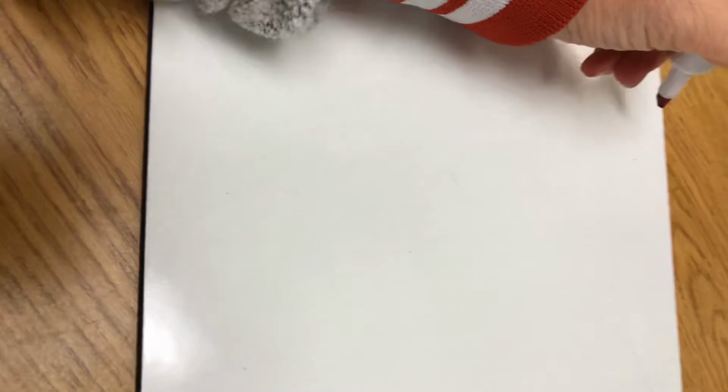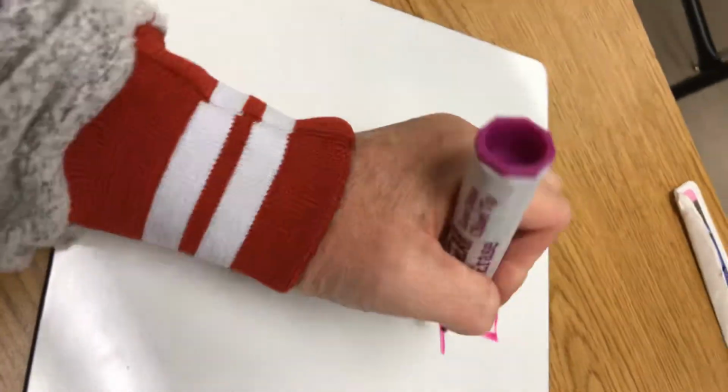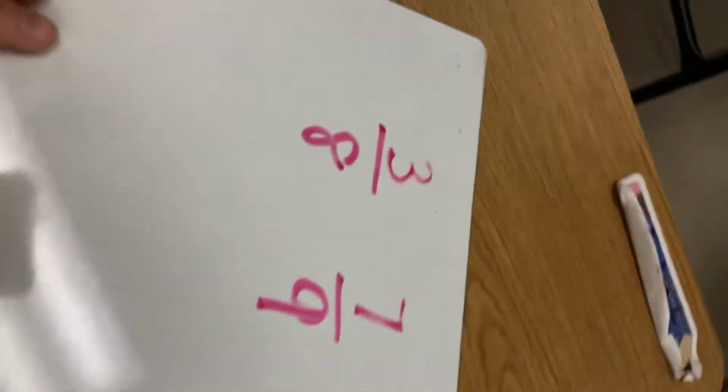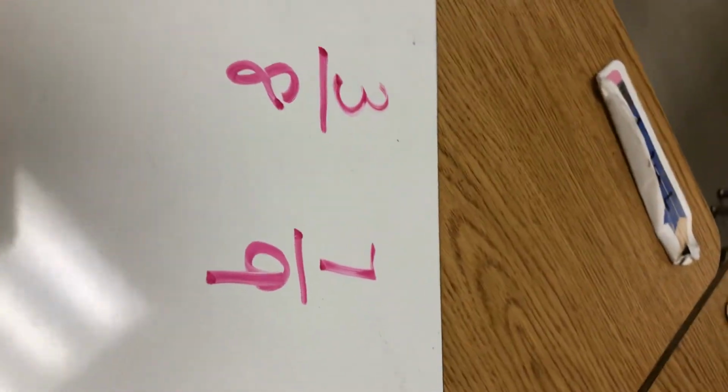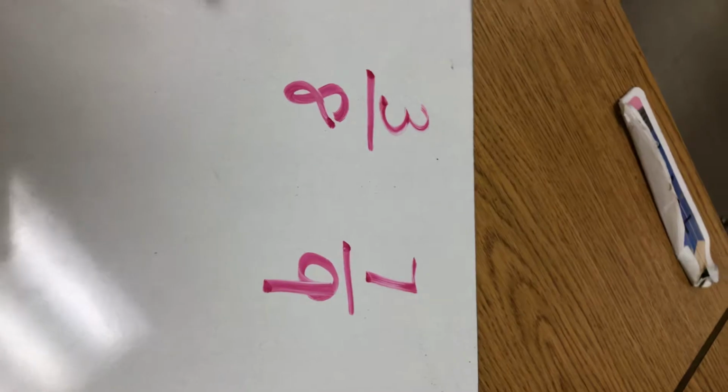I will put some problems on my whiteboard, and we will use cross multiplication to solve them. Okay? So let's do 3/8 and compare it to 7/9. And I'm sorry, with my left hand, I kind of cross it over in front of the paper or the phone. Okay, so cross multiplication.